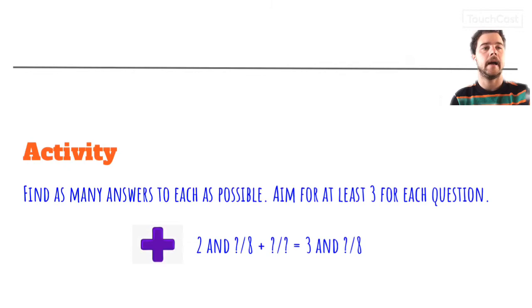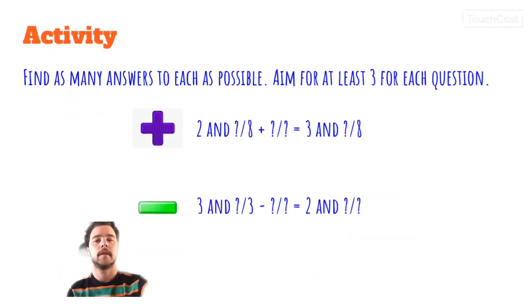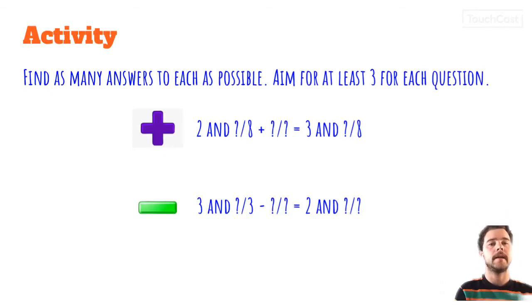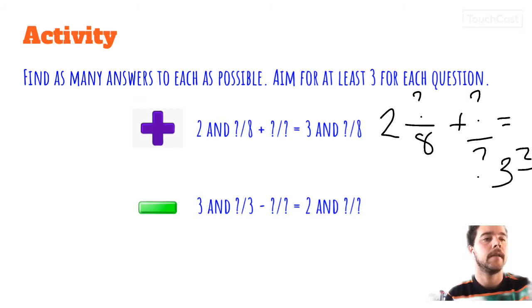All right, so let's have a look at our question for today. I've got two for you today, a bit like yesterday. One is addition and one is subtraction. Now, I've written it a bit funny because on slides I can't actually write in a fraction, but basically this question here is 2 and not sure eighths plus a fraction that I'm not giving you equals 3 and 2/8.